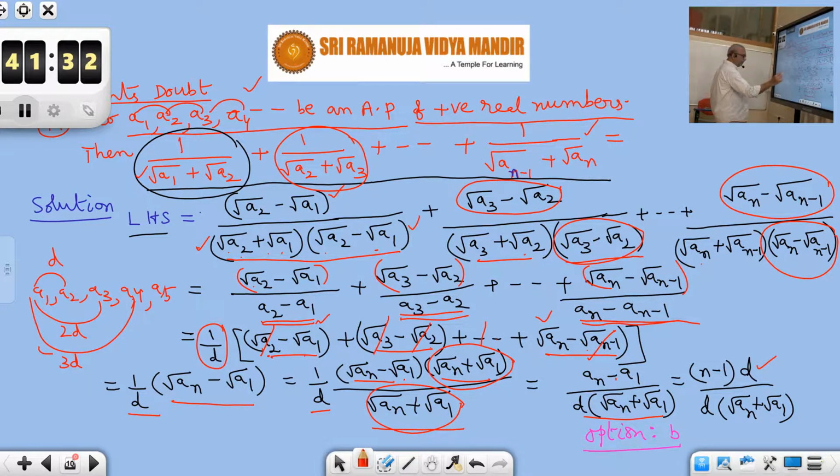So A5 minus A1, it is not 5D but 4D. So similarly, An minus A1 is not ND but n minus 1 into D. So denominator D and numerator D, that get cancelled. So you will get the answer as n minus 1 by root An plus root A1. That is option B is correct. Option B is correct.